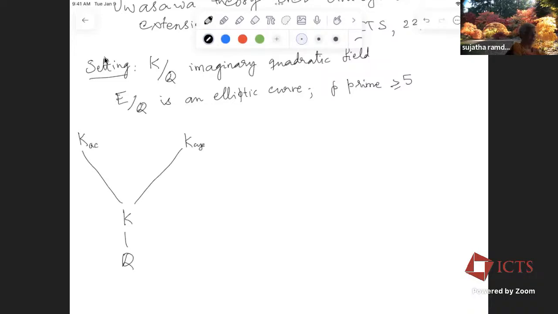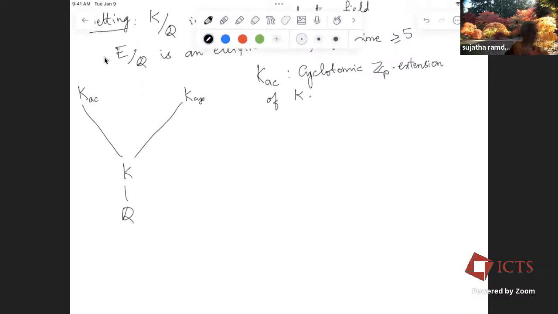I'm going to write K^AC for the anticyclotomic Z_p extension of K. And we are going to be interested in the Iwasawa invariants, in two objects. Sometimes I might write K^C for, oh sorry, this is the anticyclotomic. When I just write C, it's going to be the cyclotomic Z_p extension.